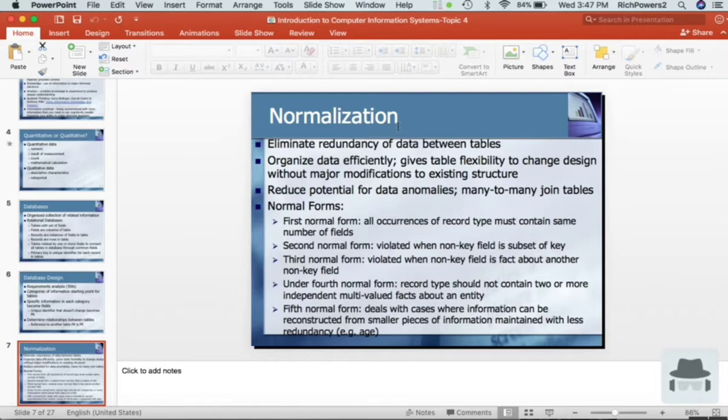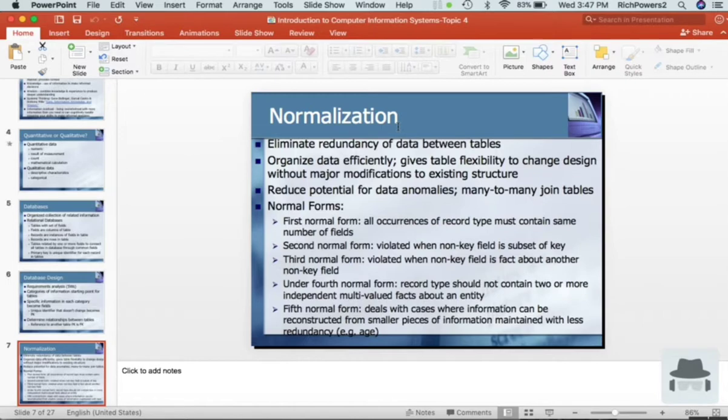You want to make sure the data stored in the table can be described as being correct and unique. The process with normalization involves what they call normal forms: first normal form, second normal form, third, fourth, and fifth.